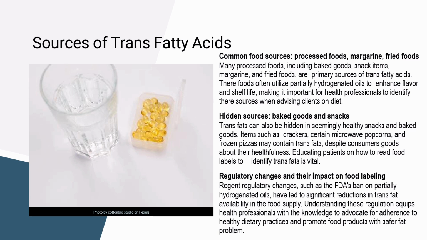Many processed foods, including baked foods, snack items, margarine, and fried foods, are primary sources of trans fatty acids. These foods often utilize partially hydrogenated oil to enhance flavor and shelf life, making it important for health professionals to identify their source when advising clients on the diet.